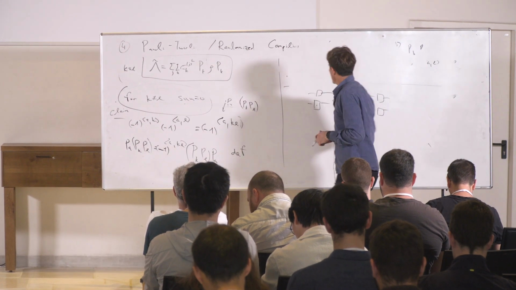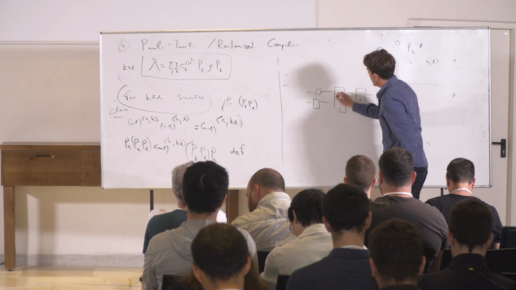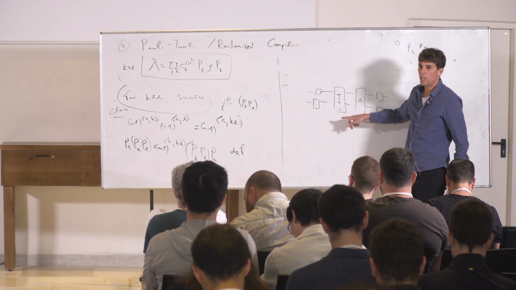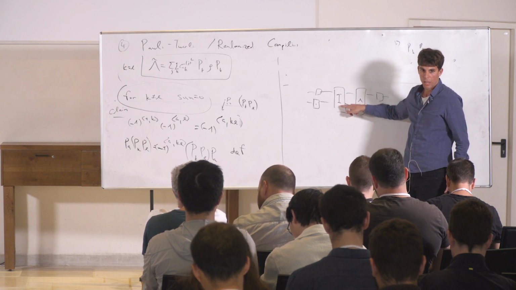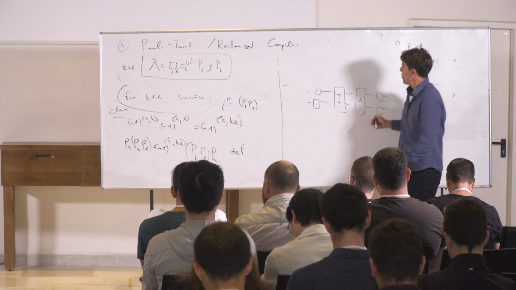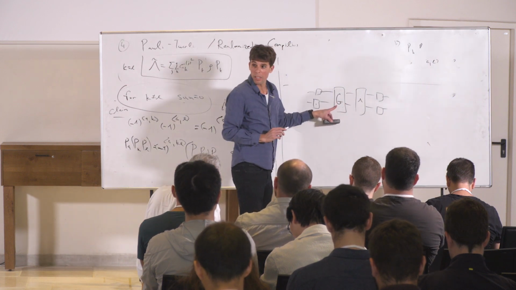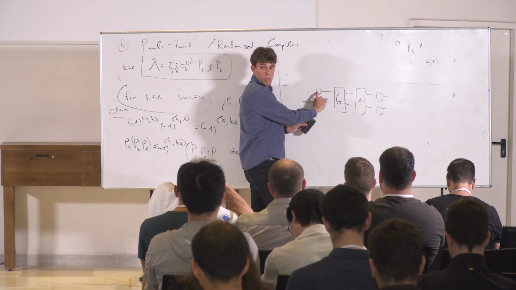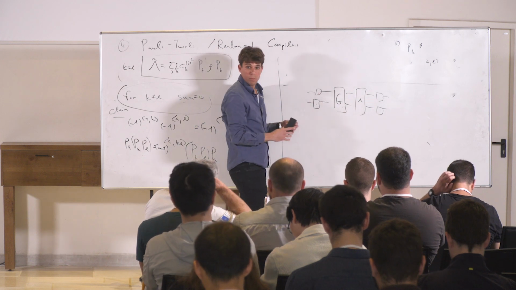Just one thing that I so far swept under the rug. When I did this calculation, I only discussed the noise channel, so I forgot about the gate, so I kind of assumed it's identity. But the situation is not very different if I actually have a gate here, if it's Clifford, because I know how to commute these Paulis through the gate.